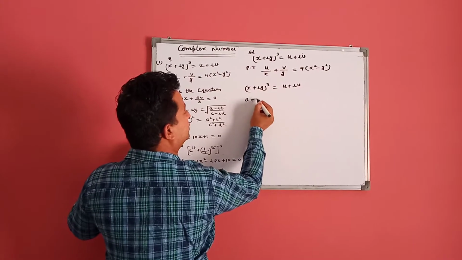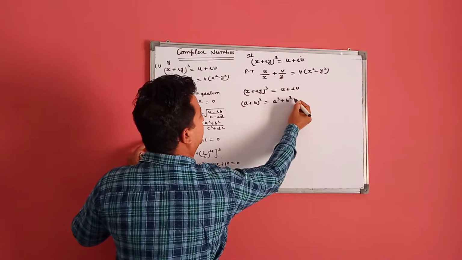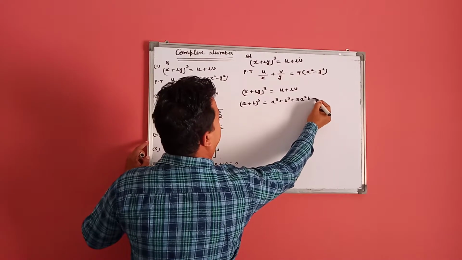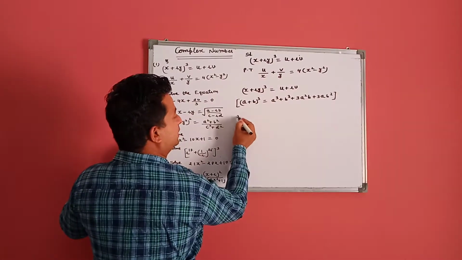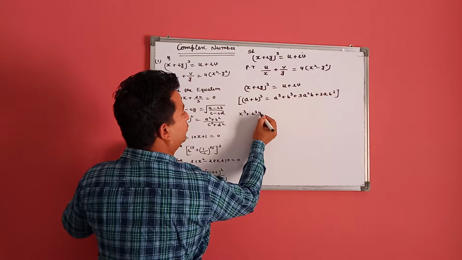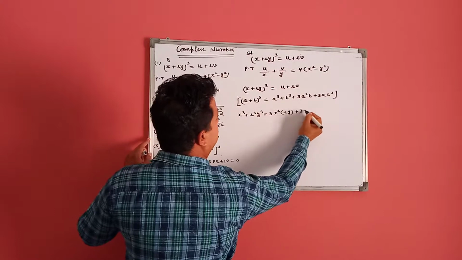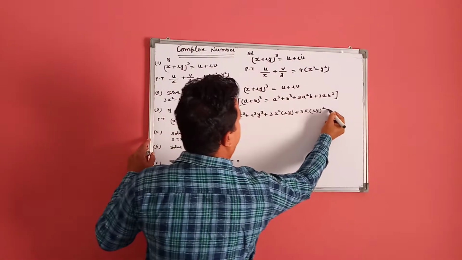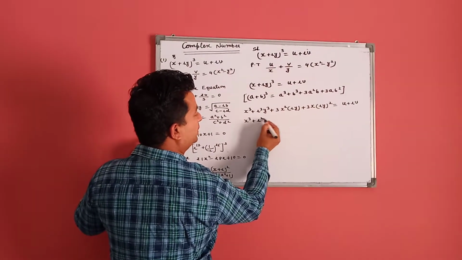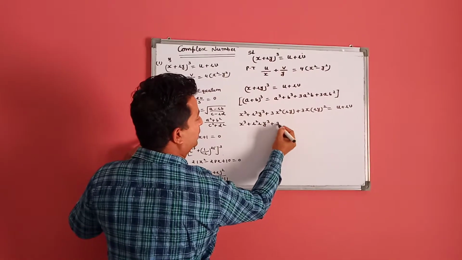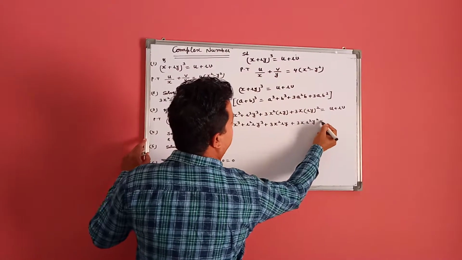In this, we use the identity (a + b)^3, which is equal to a³ + b³ + 3a²b + 3ab². This is x³ + iota³y³ + 3x²(iota y) + 3x(iota y)².